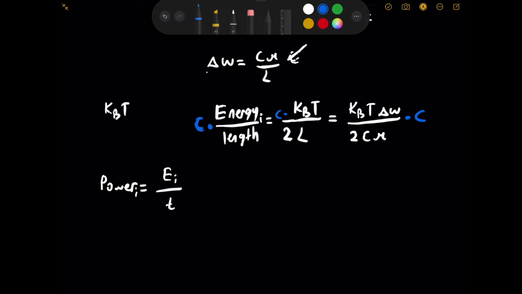So that's good. Which means that the incident power, so P incident, let's say, is equal to kBT delta omega.